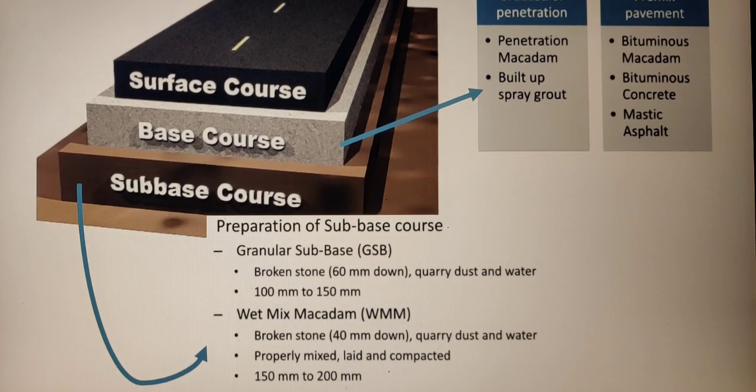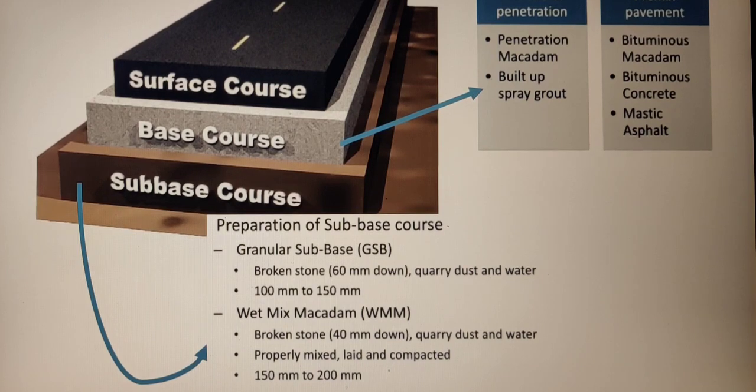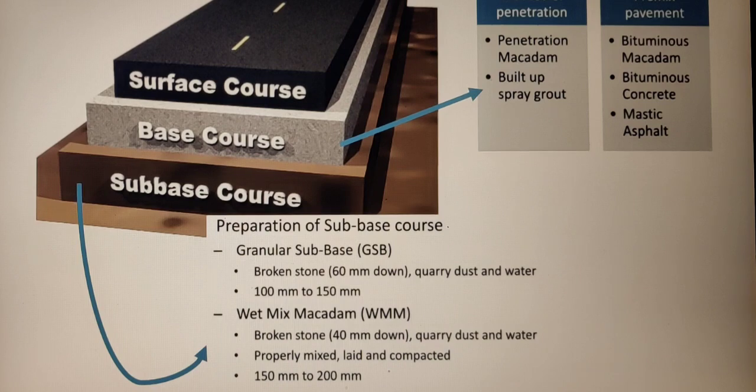Then the second method is premix pavement, that is bituminous macadam, bituminous concrete or mastic asphalt. So you have to learn by heart one or two methods, the very important ones being penetration macadam, bituminous macadam, and bituminous concrete. So that we are discussing here.